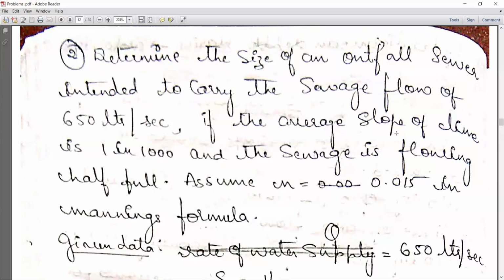If the average slope of the line is 1 in 1000 and the sewage is flowing half full, assume n equal to 0.015 in Manning's formula. So in this question, the discharge value is directly given. The discharge value of the sewer is 650 liters per second.